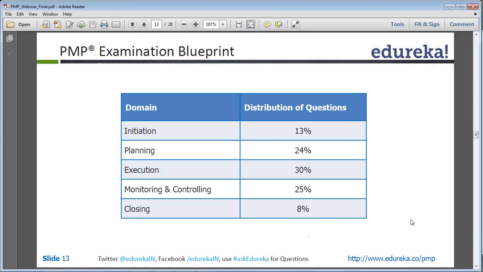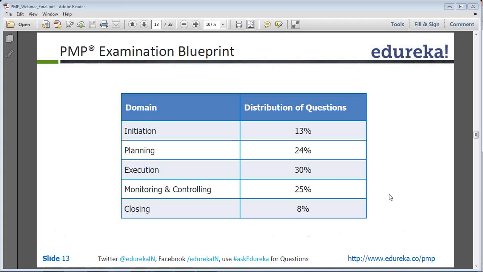How does it differ from what PMBOK says? What does PMBOK say? What is the difference? PMBOK does not talk about your eligibility. PMBOK talks about what the processes are, what the process groups are, and what the knowledge areas are.